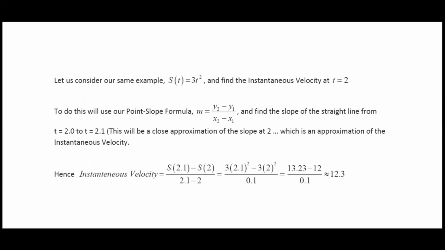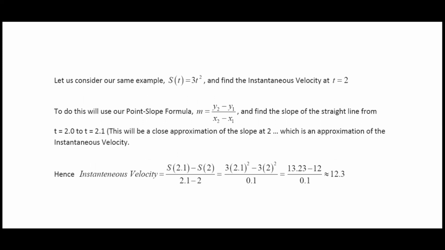Let us consider our same example, s of t equals 3t squared, and let's find the instantaneous velocity at time 2. And we will use that same slope formula, m equals y2 minus y1 over x2 minus x1, to achieve our ends.